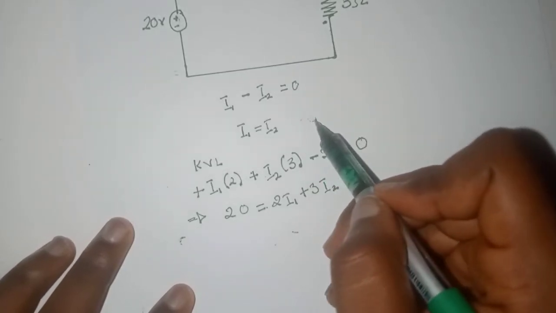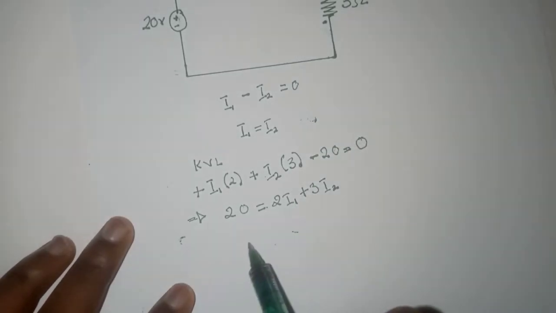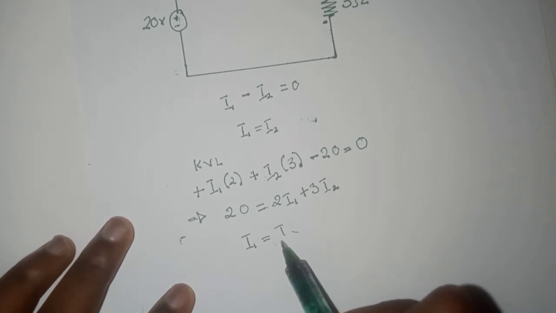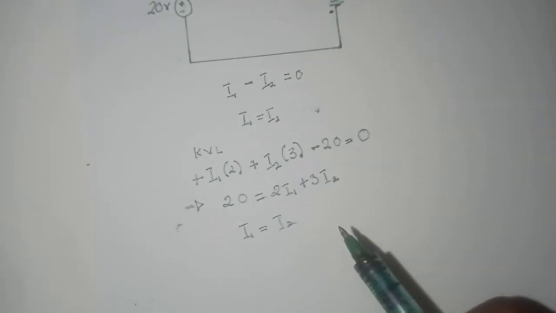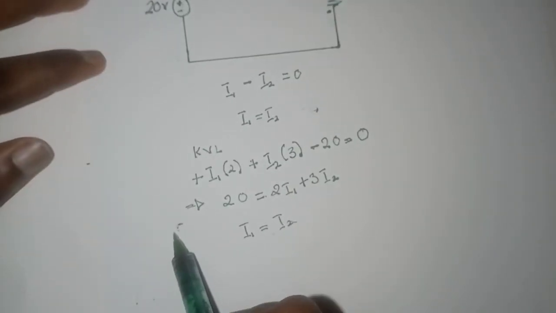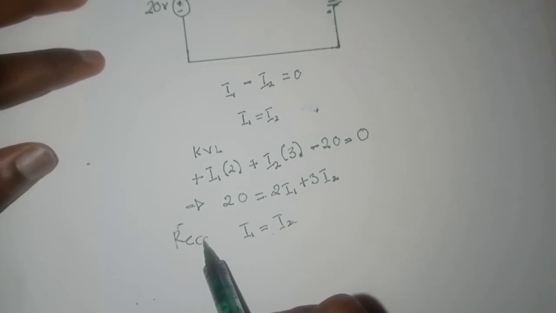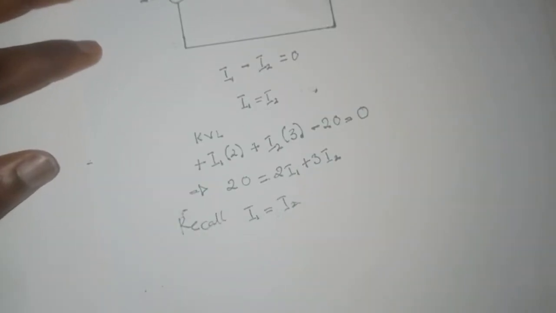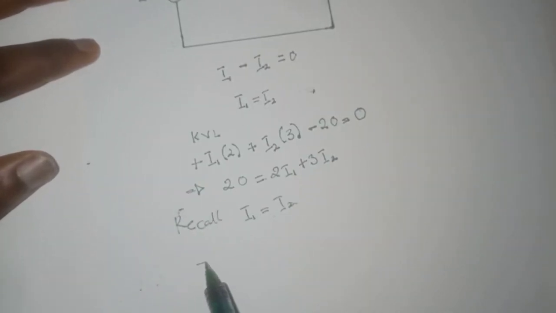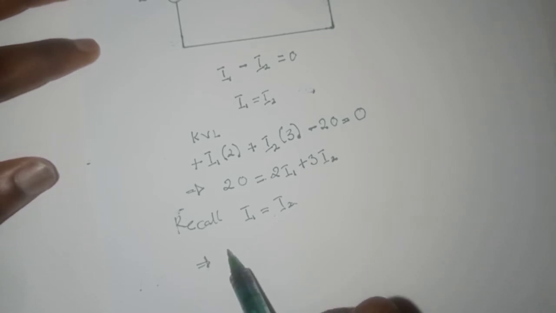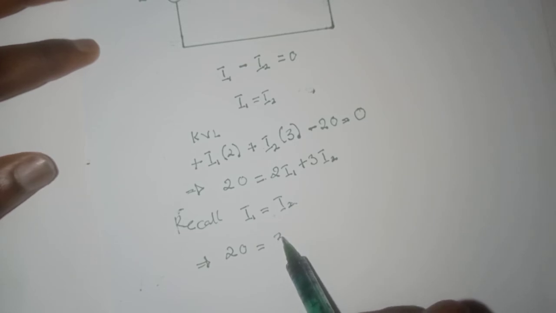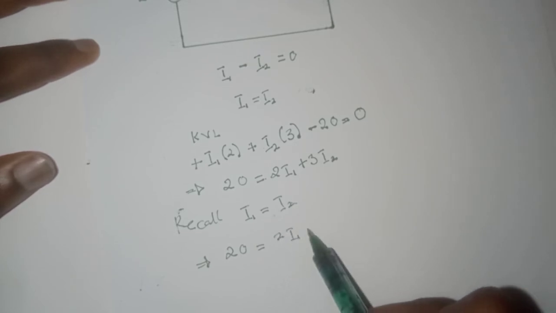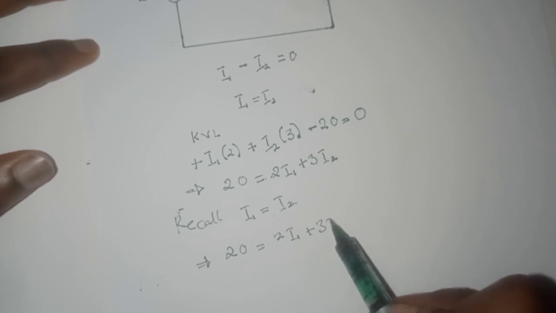Recall that from this step, we have already determined that I1 is equal to I2. So we can therefore say that 20 is equal to 2I1 plus 3I1.